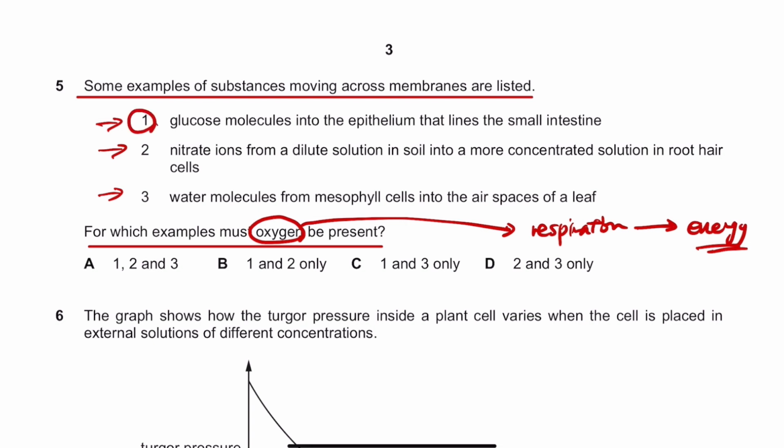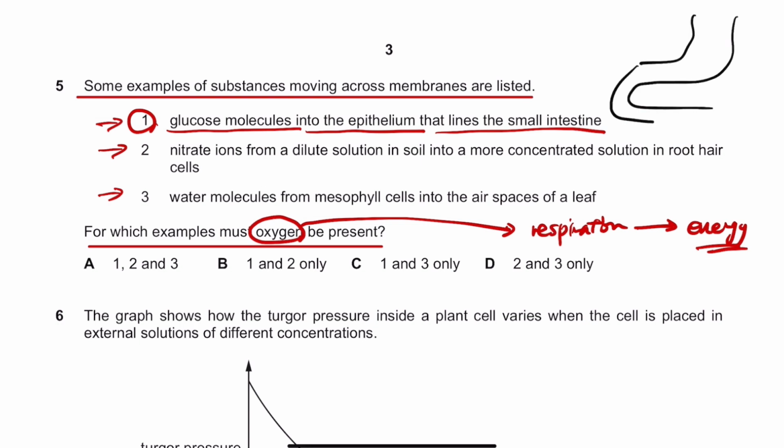Number 1, glucose molecules into epithelium that lines the small intestine. Our body loves glucose molecules. So the small intestine inside us, whenever they have glucose molecules in them, even if our body already has a lot of glucose molecules, they just take them in.